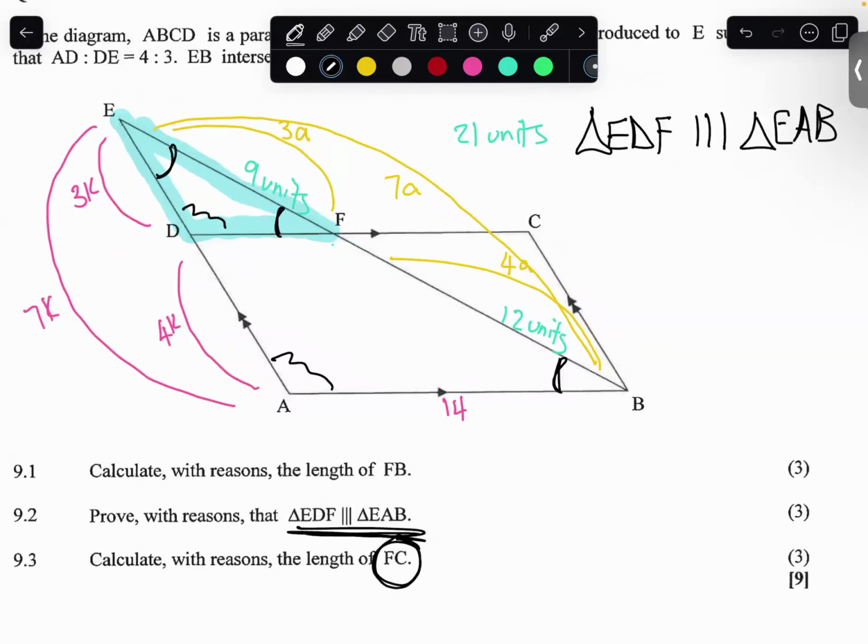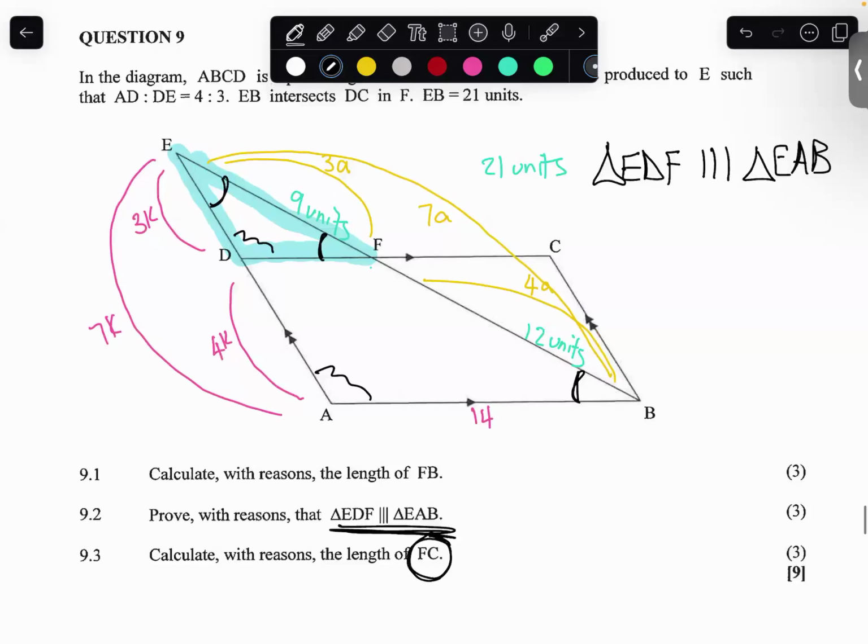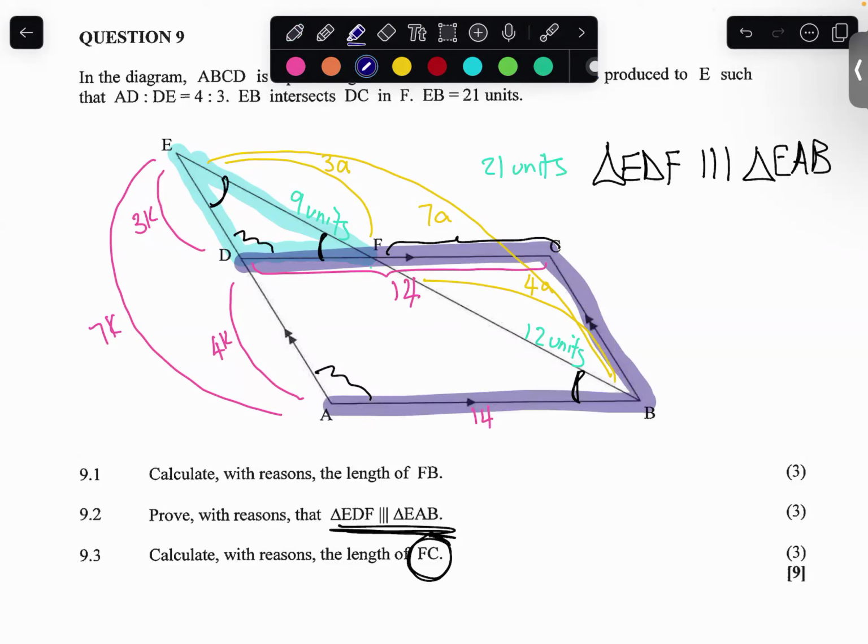So if you're looking at FC, it's this side. But I know that this entire length is 14, because this is a parallelogram, and so I know opposite sides of a parallelogram are 14. If this is 14, then that whole side must be 14. Now they are asking me for just this part.